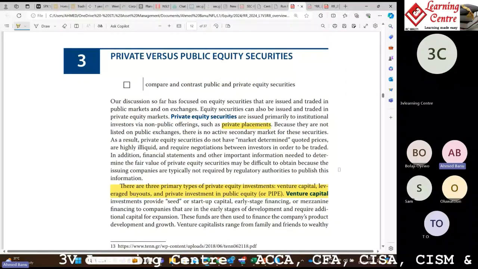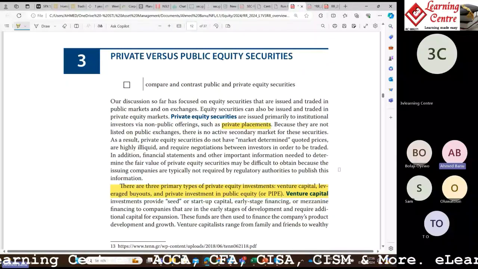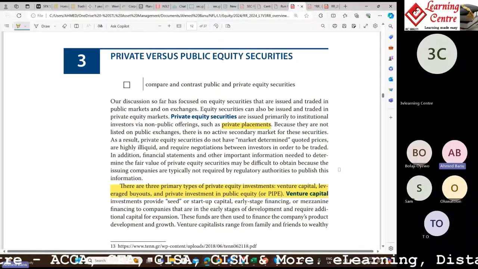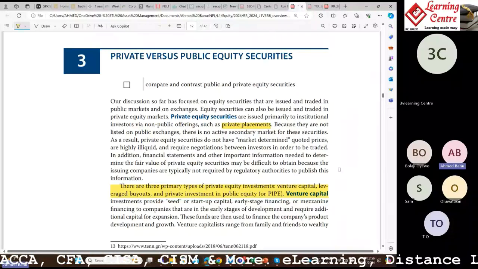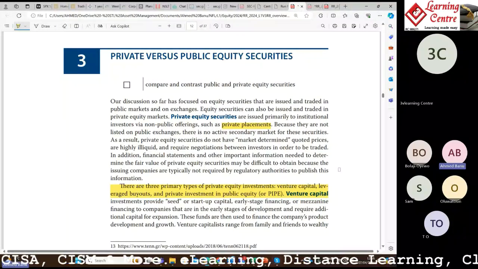When a startup company is looking for seed capital to start their business, to bring their idea to life, that's what we call venture capital. It is the riskiest of private equity investing.